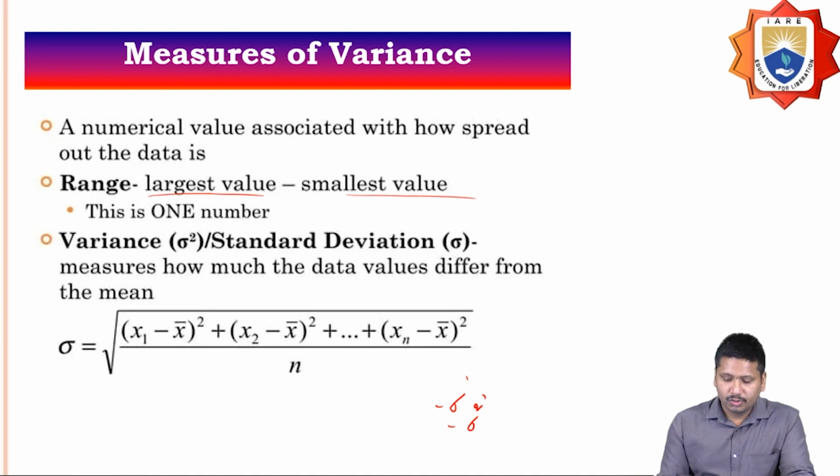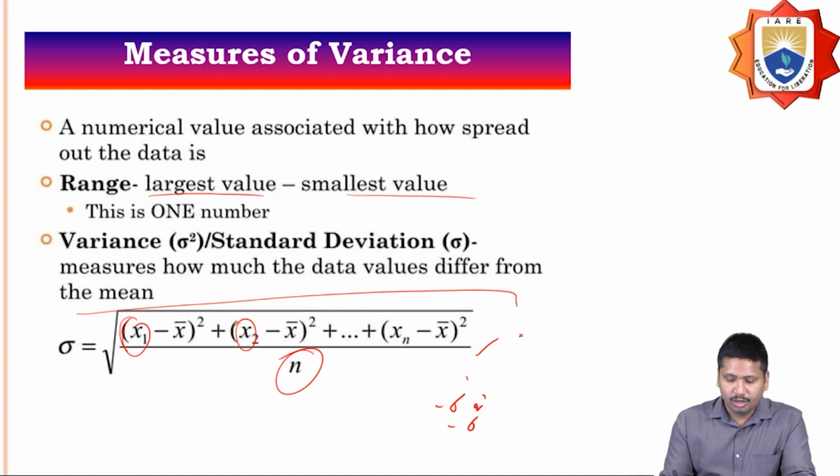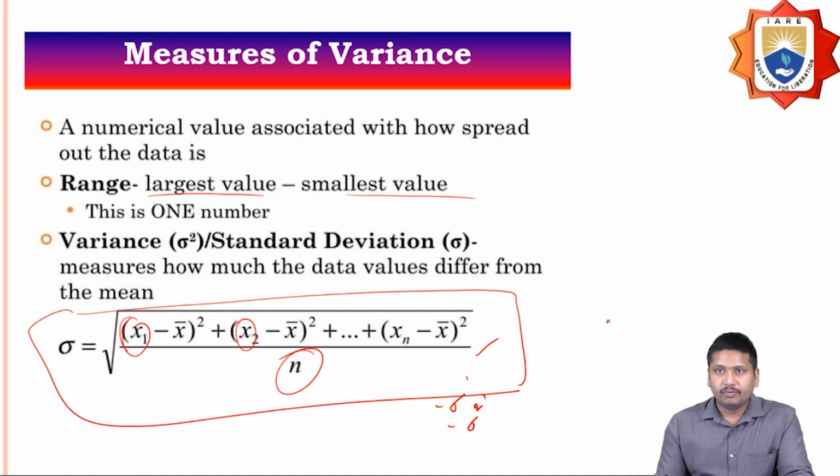The standard deviation is calculated with the equation: square root of x1 minus the mean, whole square, plus x2 minus the mean, whole square, and so on, divided by n. This is the equation you have to remember for finding the standard deviation.